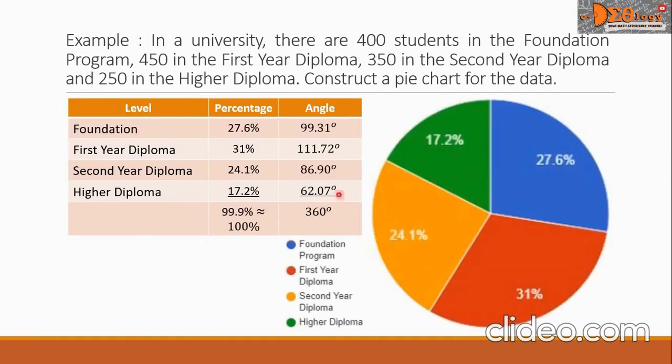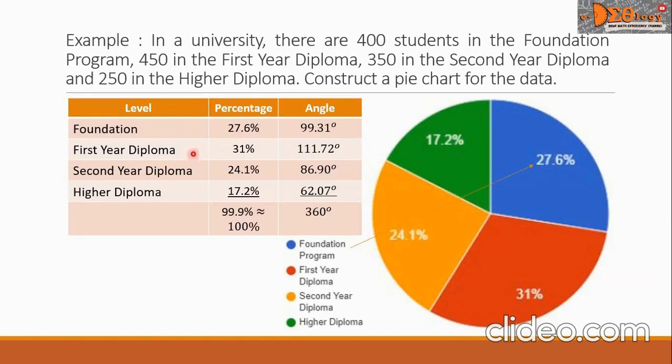This is the finished product, or the pie chart of this example. Please observe that in the pie chart, we are putting the percentage for each item of the category. Let's start with the first one, the foundation. So this 27.6% is written here. And for the angle, 99.31 degrees, it is estimated in the central angle.